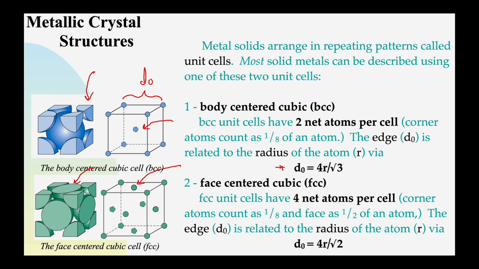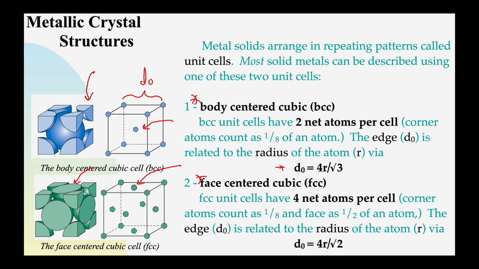Because there are 6 faces on these cubic cells, and there's half of an atom in each one of them, 6 times 1/2 is 3 atoms, plus you've got those 8 times 1/8 corner atoms, and that's where the 4 net atoms per cell comes from. So to summarize, everything basically we're going to do in this lab is going to be BCC or FCC.